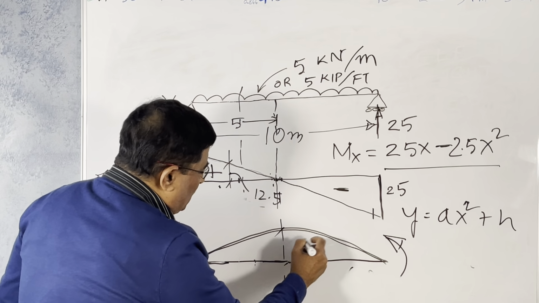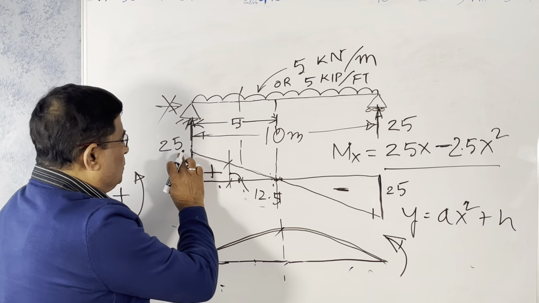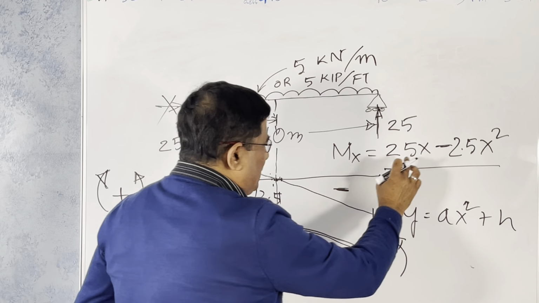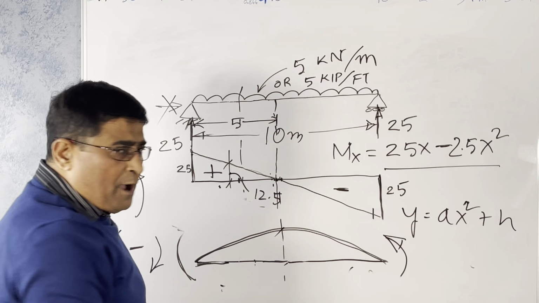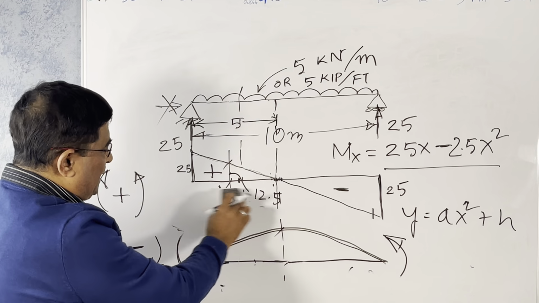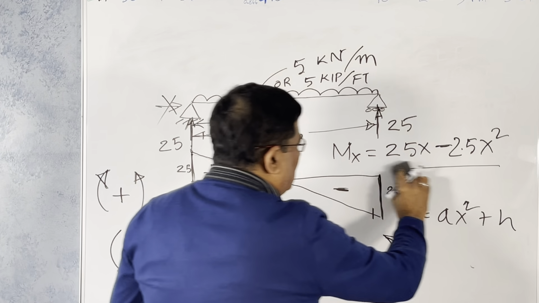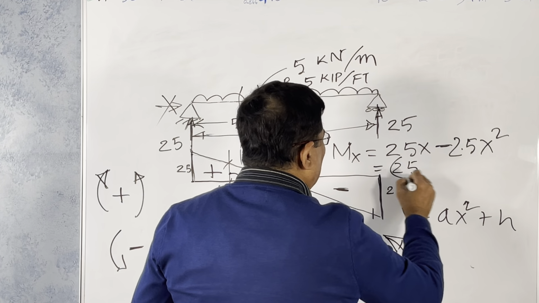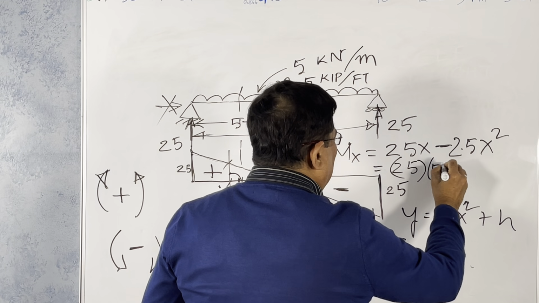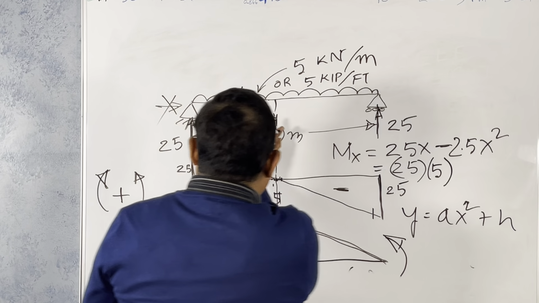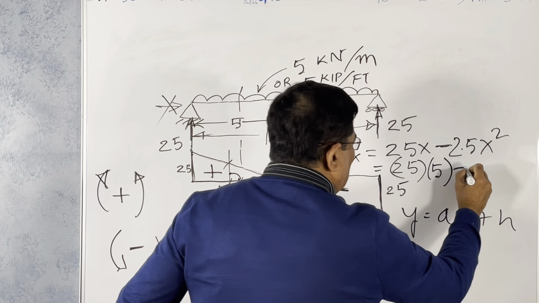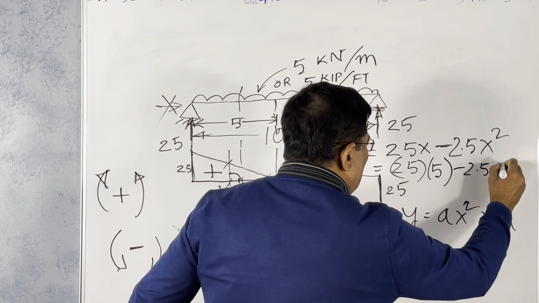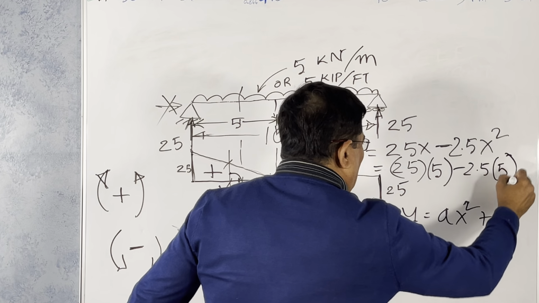Okay, this is equal to what? If you consider this equation and replace x by 5, what is the moment here? 25 times 5, from here to here distance, minus 2.5 times 5 square.